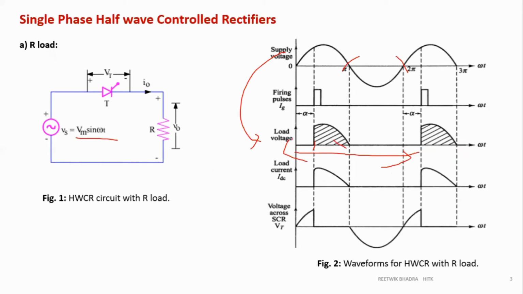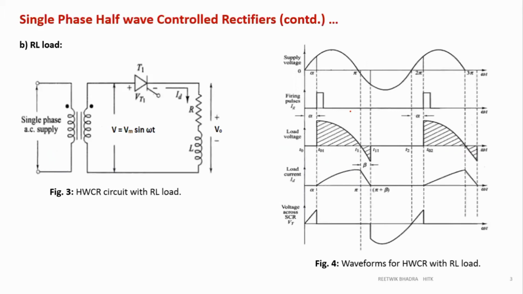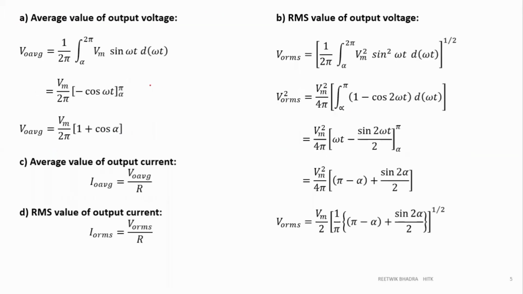Now, the integration limit is from 0 to 2 pi. But between 0 to 2 pi, some part of the waveform is 0, so we can eliminate that. We can take only that part of the waveform which is present. Which is that part? It is alpha to pi, this portion. So I can change the limits. First you write this equation from 0 to 2 pi.